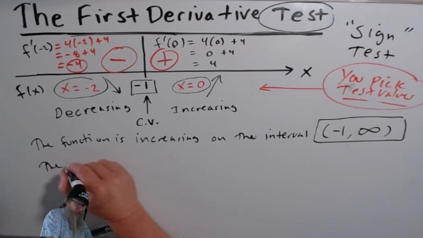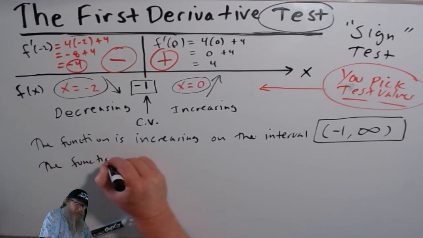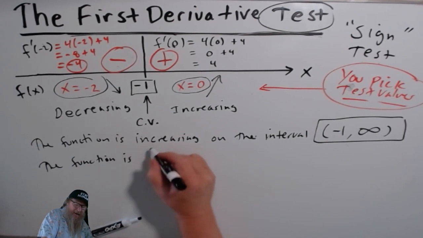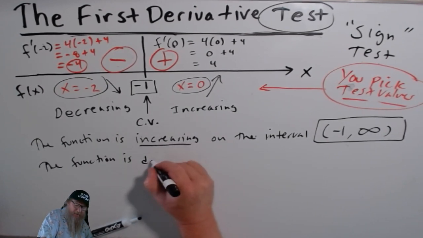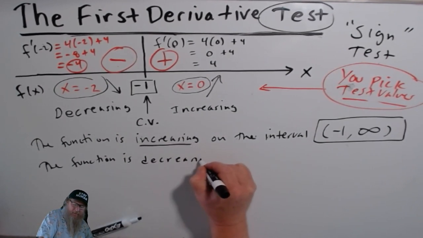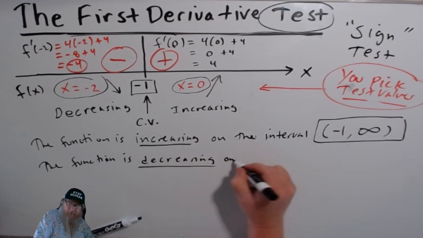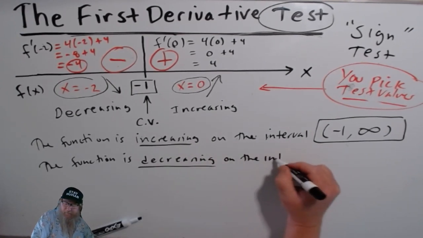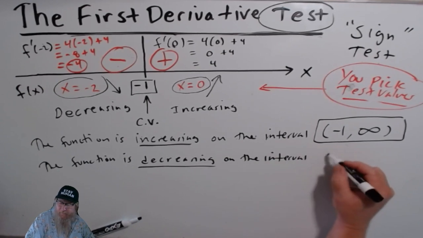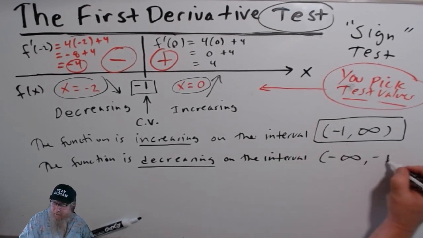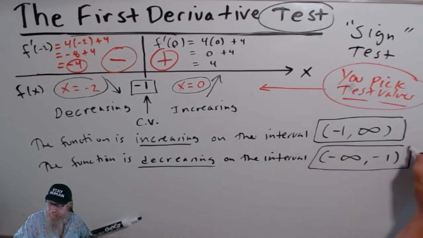And the function is decreasing on the interval -infinity to -1.